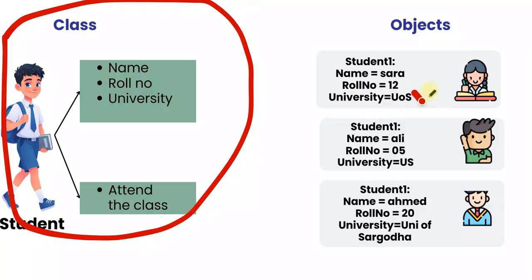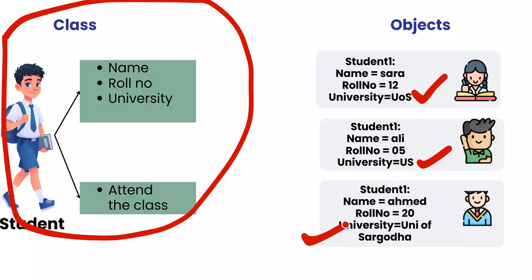For example, someone writes University of Sargodha, some may write US, some people write Uni of Sargodha, so they can write everything according to their mind. And the data member value will be changed for every student, and it will not help us if we want to search for any student by university name, and so on.